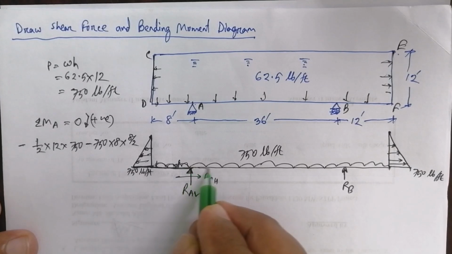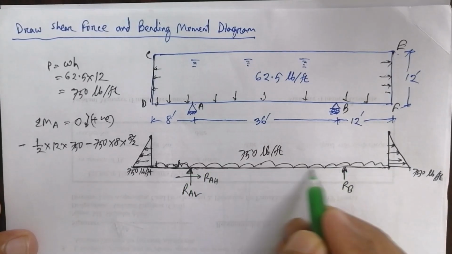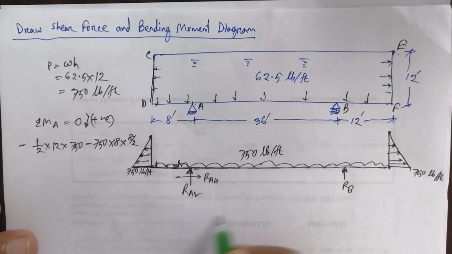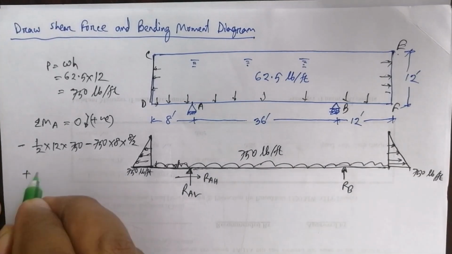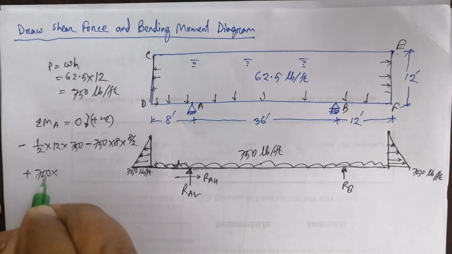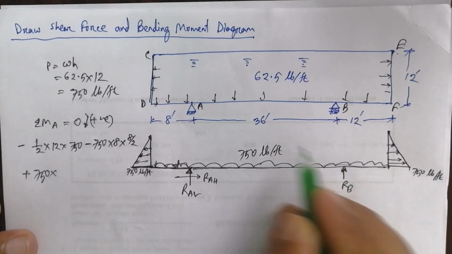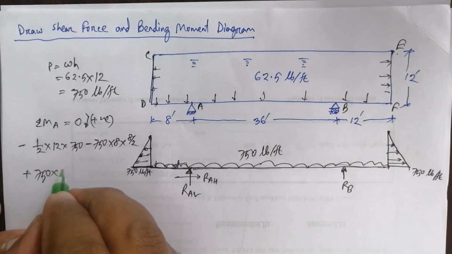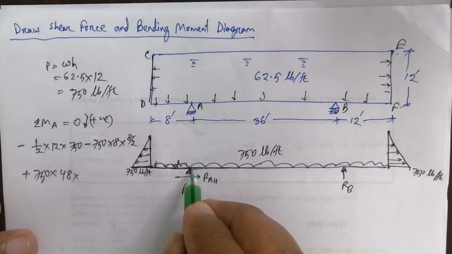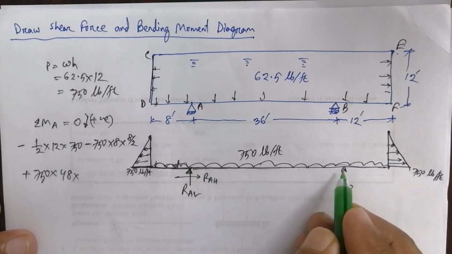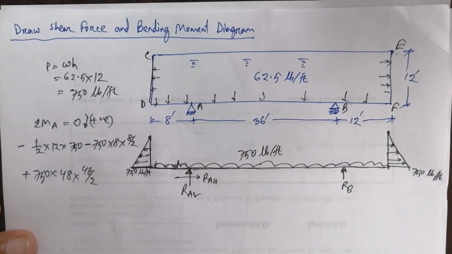Now this distributed load of this section acts clockwise, so this is positive. So force 750 distributed throughout this length, 36 plus 12, 48, into the half distance, the middle of the 48, 48 divided by 2.